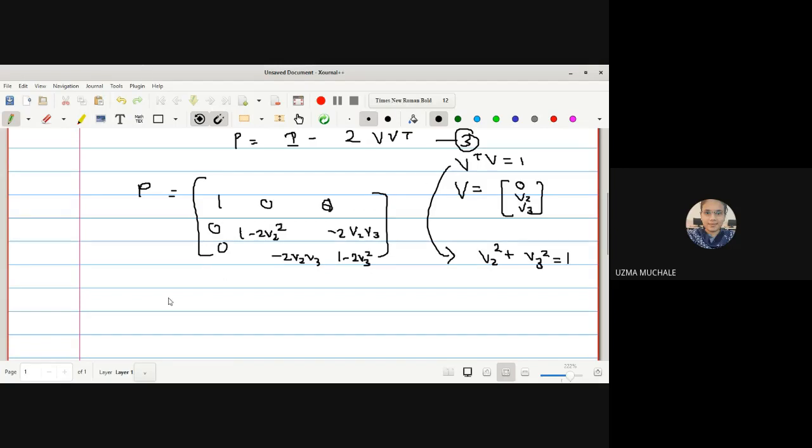And then we have found that P into P transpose is identity, which ensures that P is a symmetric orthogonal matrix.